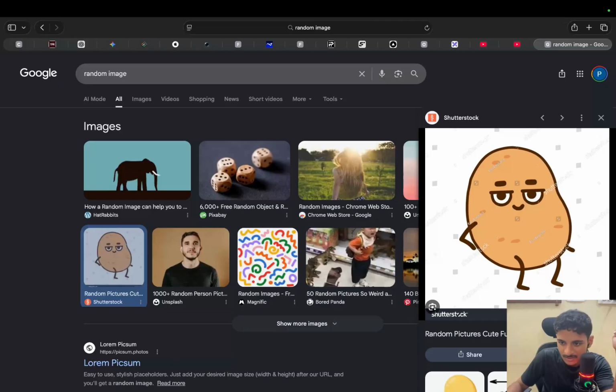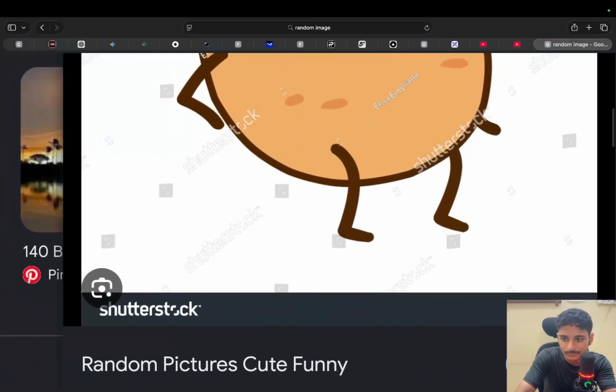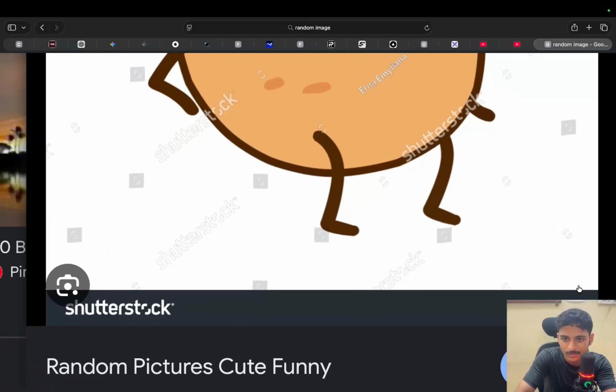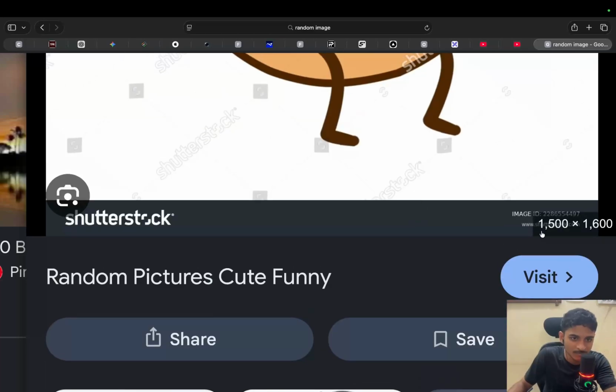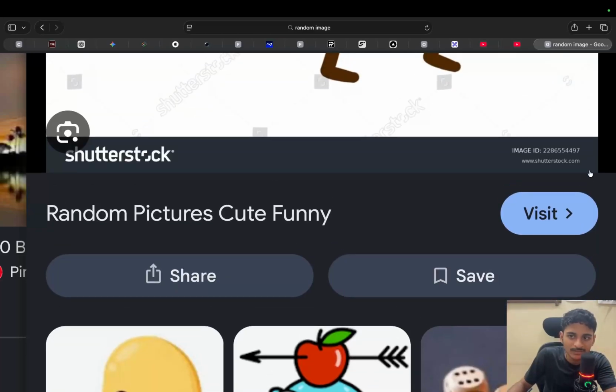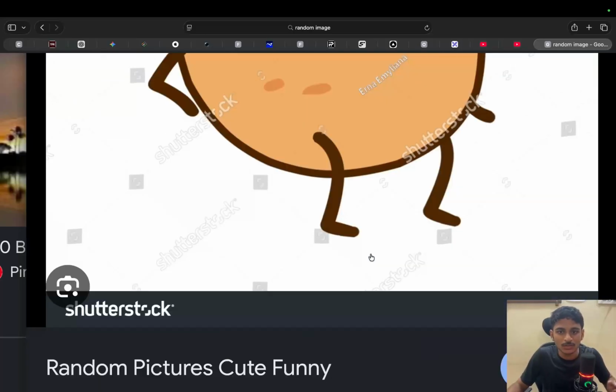If you see here in the right corner, it says 1500 cross 1600. That means in the height there are 1500 pixels and in the width there are 1600 pixels.